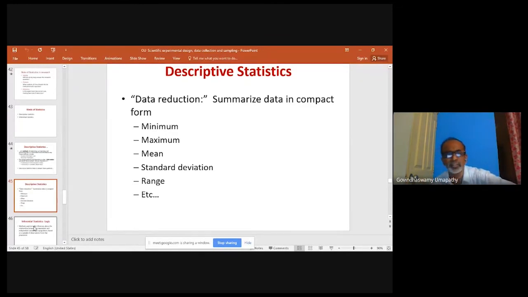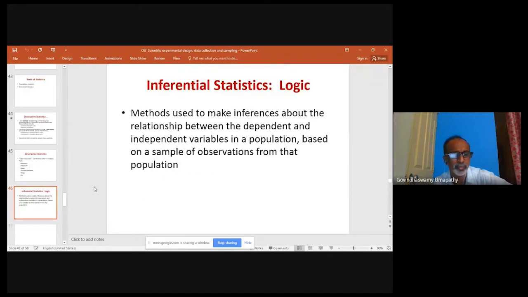It does not involve much complicated statistics. Simply, this much height, this much variation, this much deviation we found. This kind of information is called descriptive, very basic statistics.